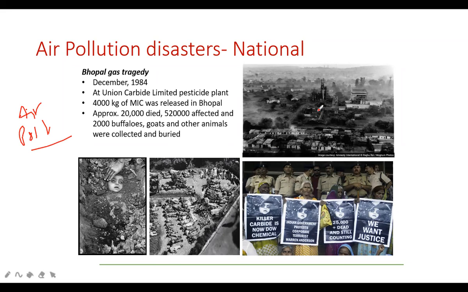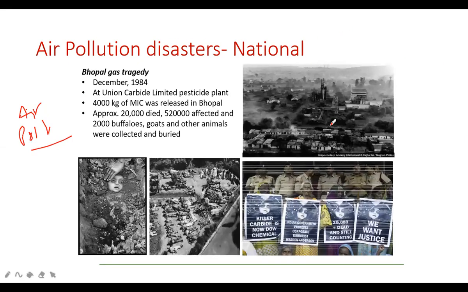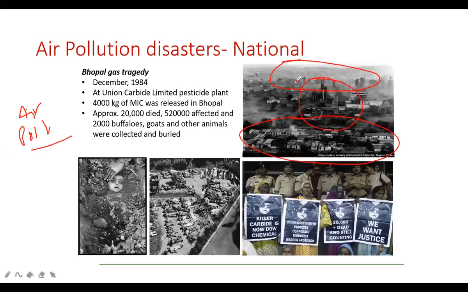In the last slide I told you about meteorological parameters. Now I am going to explain them here. Suppose this is the population, this is a green belt, and this is the industry where the Bhopal gas tragedy occurred.